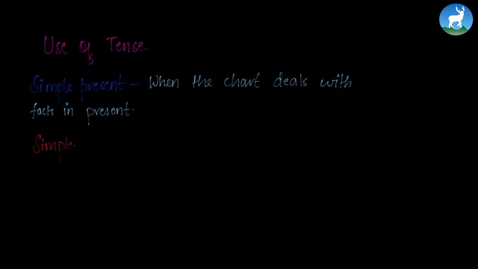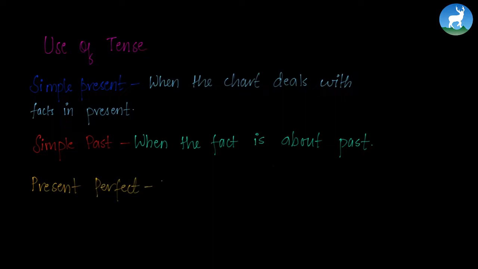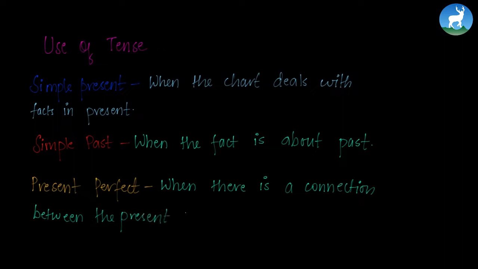So use simple past tense when the fact is about the past. And finally, if there is a connection between the present and the past, use present perfect tense, okay? So present perfect when there is a connection between the present and the past.